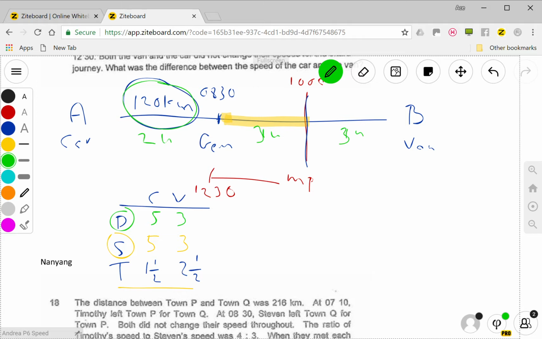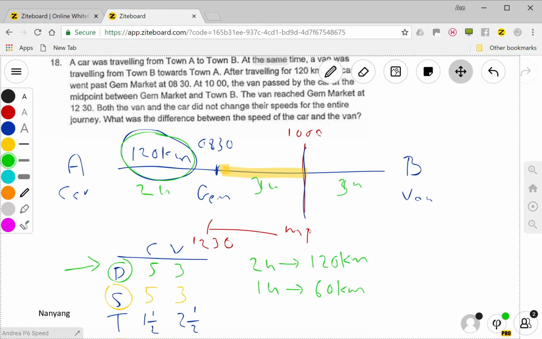The green color is based on this thing. It's based on here, alright? So immediately I know that since 2 units represent 120 kilometers, 1 unit is equal to 60 kilometers. Okay, and I'm supposed to find out what's the difference between the speed.